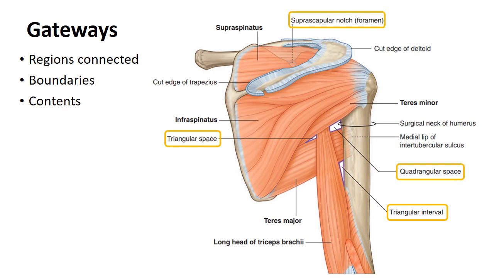The first one is called the suprascapular foramen and it is formed by the suprascapular notch of the scapula, which we saw in the lab, on the superior border of the scapula.